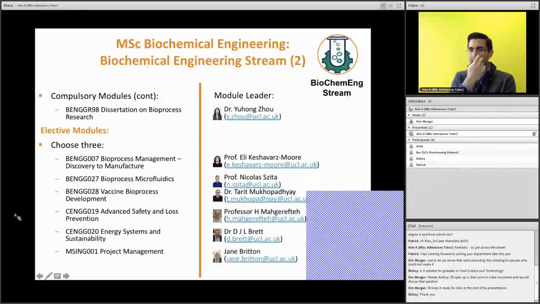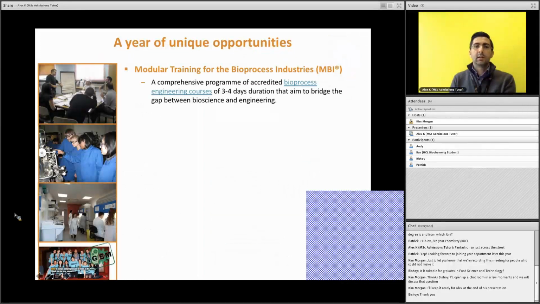So we have biorefineries, systems engineering, cell therapy, and synthetic biology, validation and quality control, and again, a research project. And then for the biochemical engineers, there's a bit more flexibility: they can select 3 modules out of this list down here.